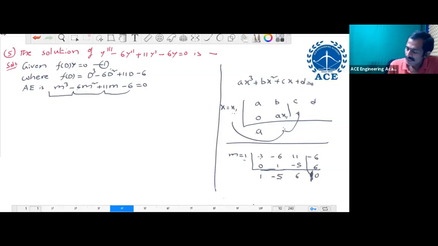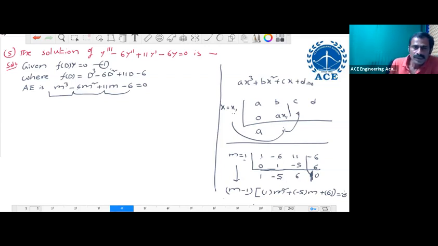1, minus 6, 11, minus 6 are the coefficients in the cubic equation. These three will be coefficients in the quadratic equation. So from m equal to 1, we write m minus 1. From the other three quotients, we write like this: 1 into m square plus minus 5 into m plus 6 equal to 0.